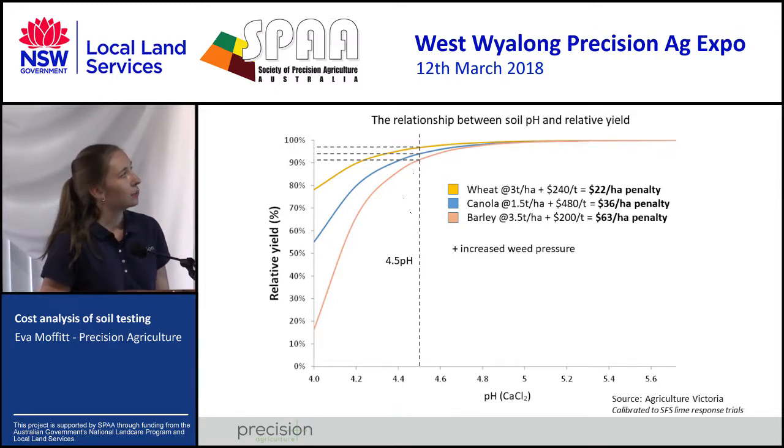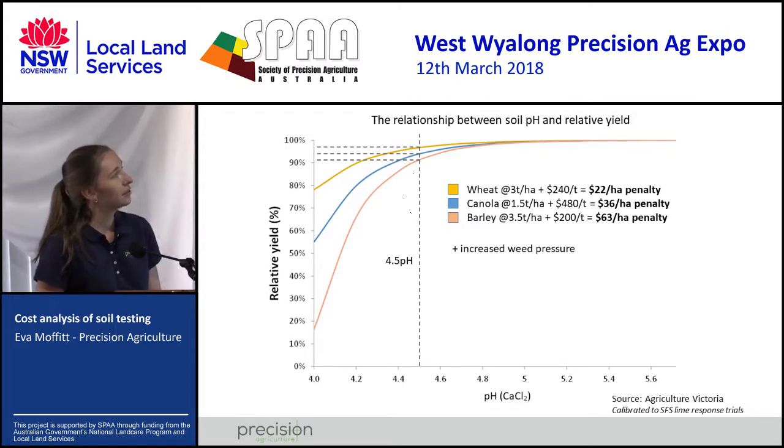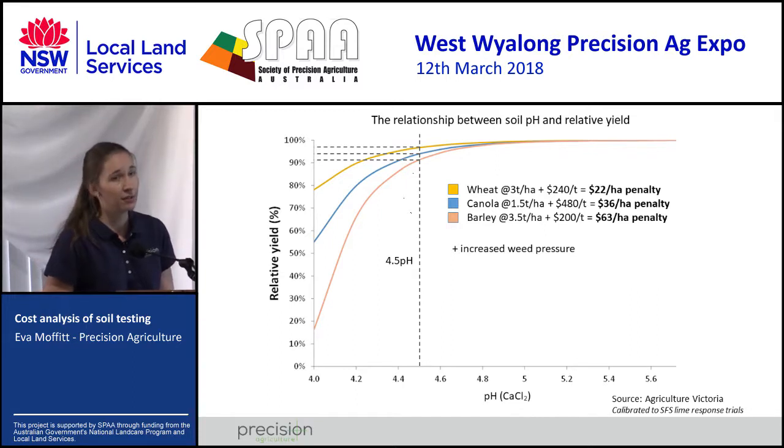Canola being slightly more sensitive, we're getting maybe 6% penalty, which is equating to $36 per hectare. Barley being more sensitive again, we're getting maybe 9% yield penalty, which is going through to $63 per hectare, so it's starting to add up.